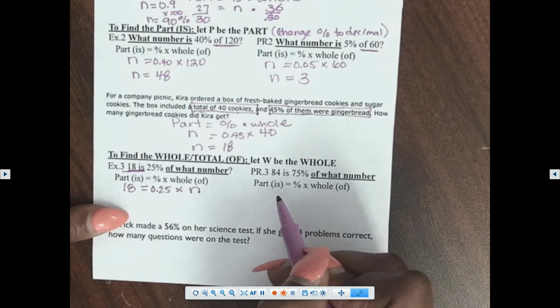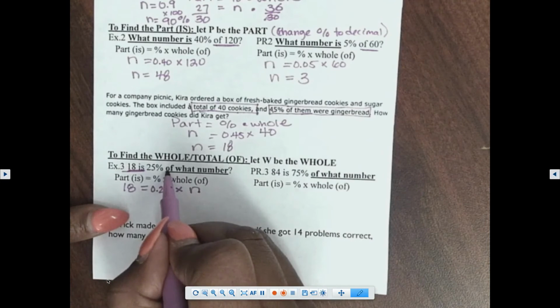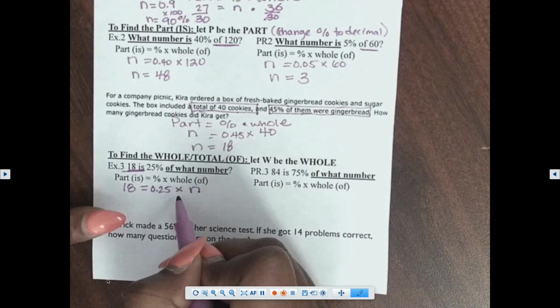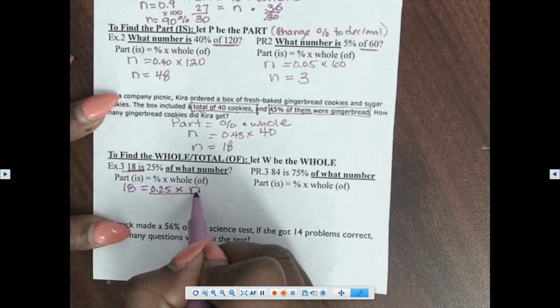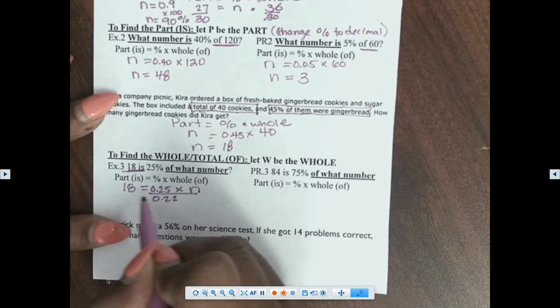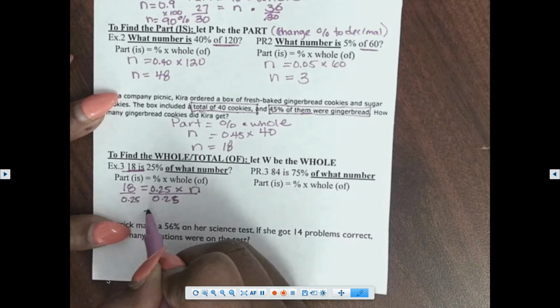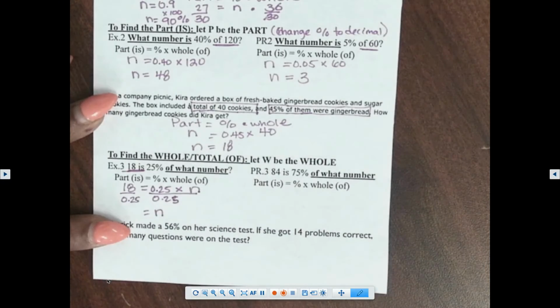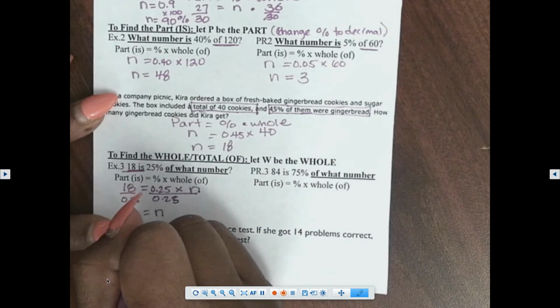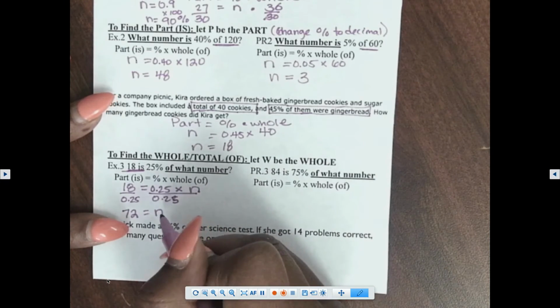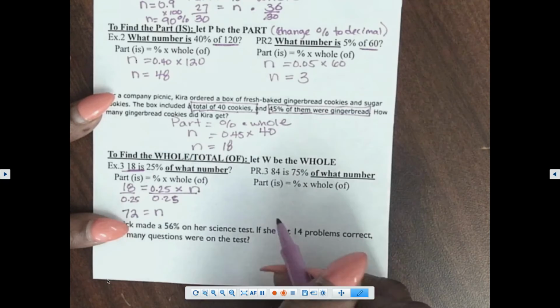Well, we don't know what the whole number is, because it says of what number. That lets me know we don't know what this is. So when I go to find n, I have to divide both sides by 0.25. And when I divide that, I get 72. Here, there is no extra step because we didn't need a percent. We needed an actual number.